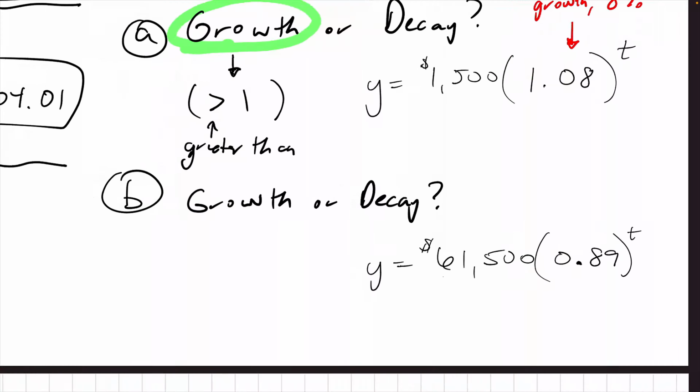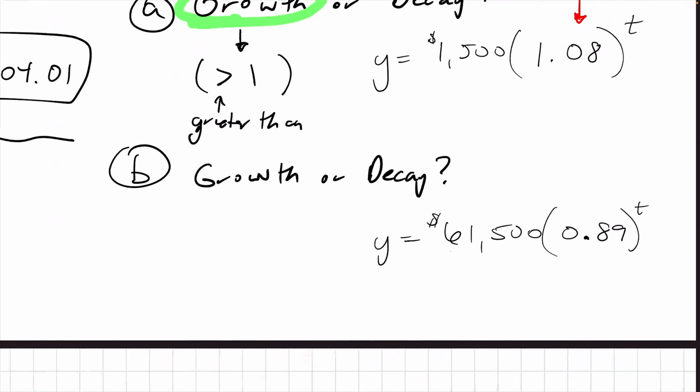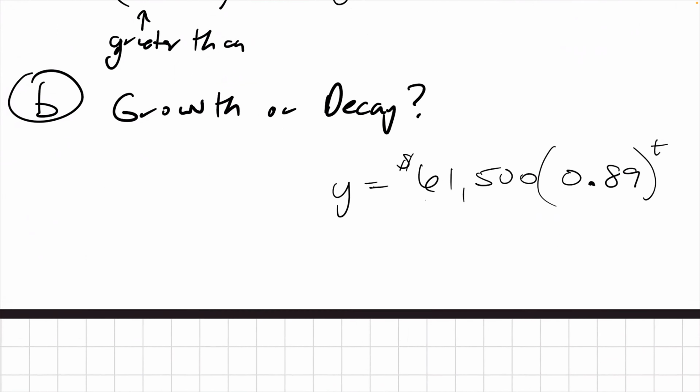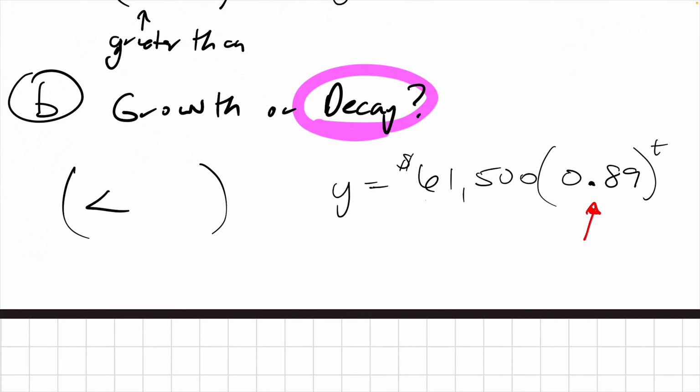Okay. Last one. Is this guy growth or decay? It's decay. Depreciation, I should say. Because inside the parentheses it's less than 1.